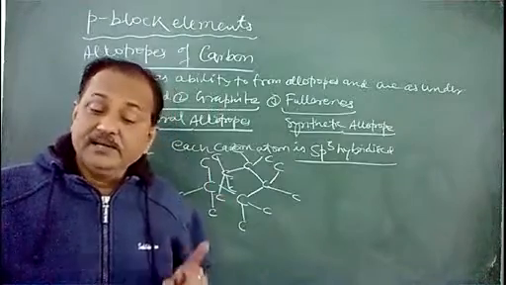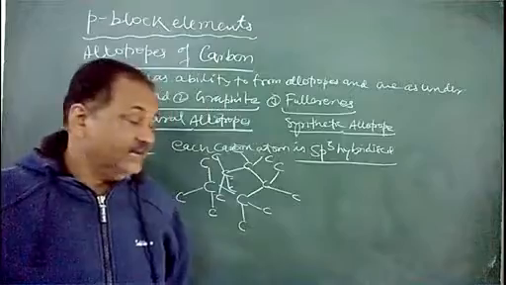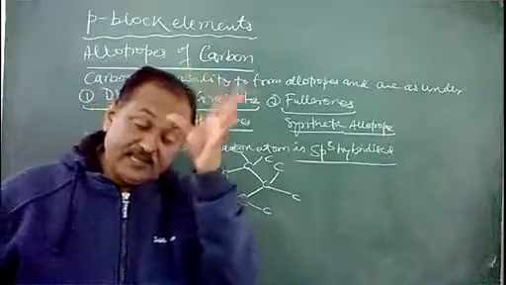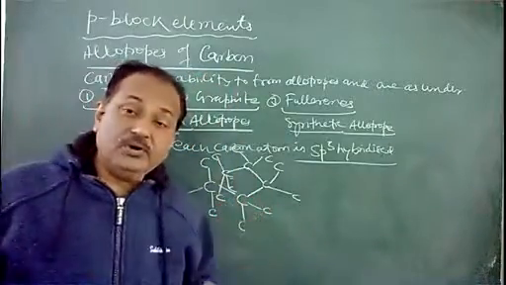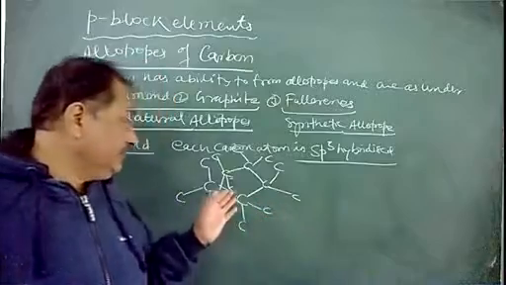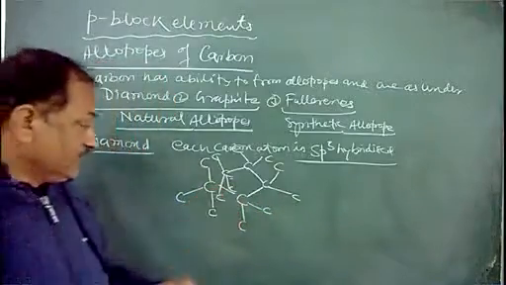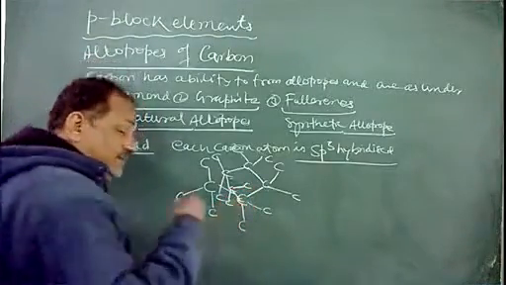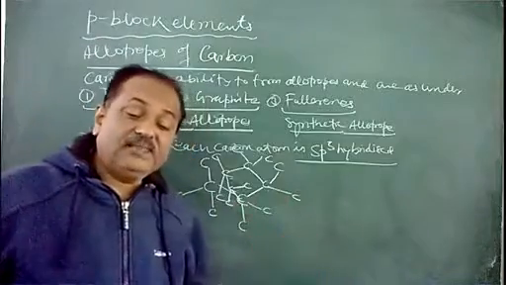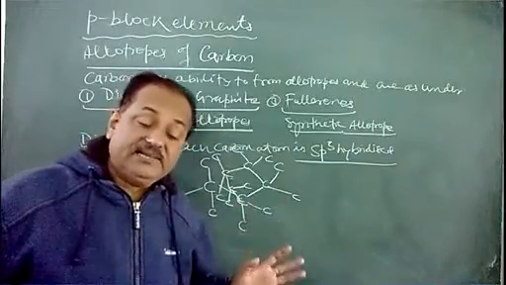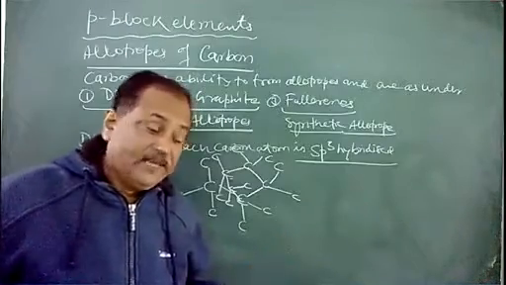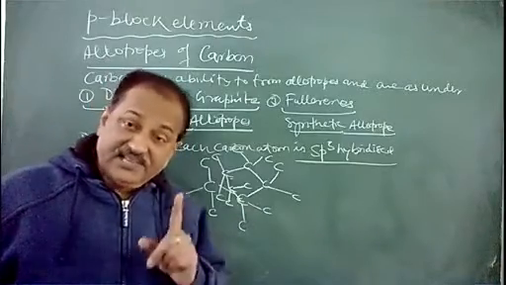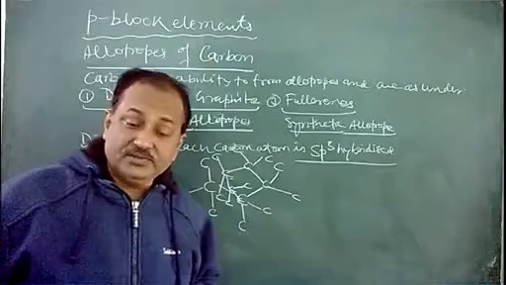Once again I am repeating, the size of carbon is very small, it has the tendency of catenation, and carbon is able to form very strong bonds within themselves. So if one carbon goes on, it will be totally intermingled. All the atoms of carbon intermingle between themselves, and as a result, diamond is the hardest known material.